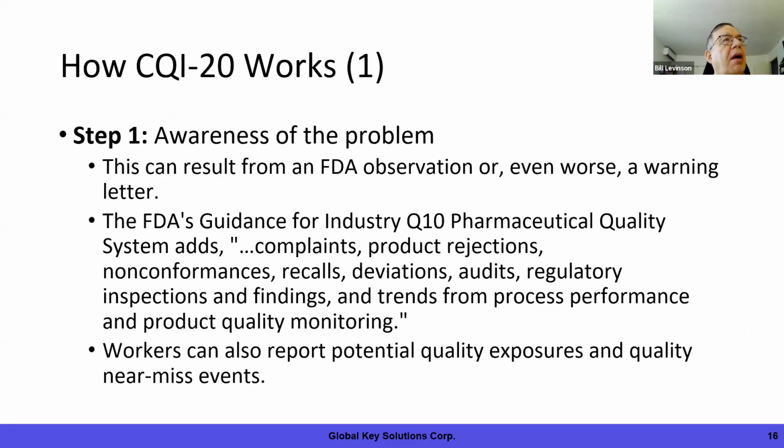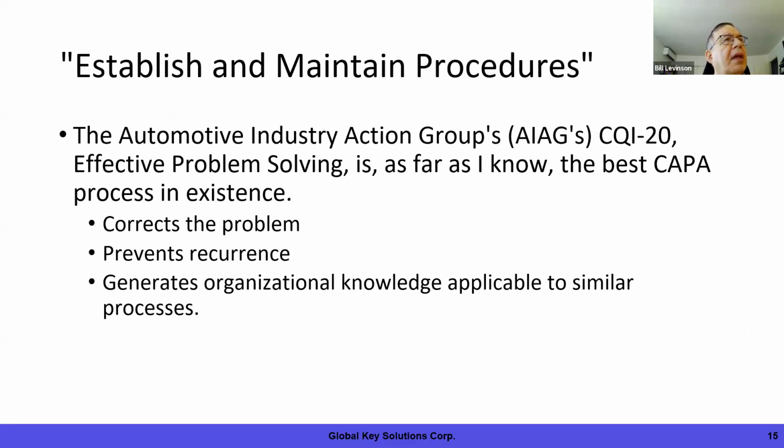Back up a couple. Establish and maintain procedures. The Automotive Industry Action Group's CQI 20 effective problem solving is, as far as I know, the best CAPA process in existence. It's based on the 8D process, which was at the time the best process in existence, definitely superior to Six Sigma DMAIC as far as I know.